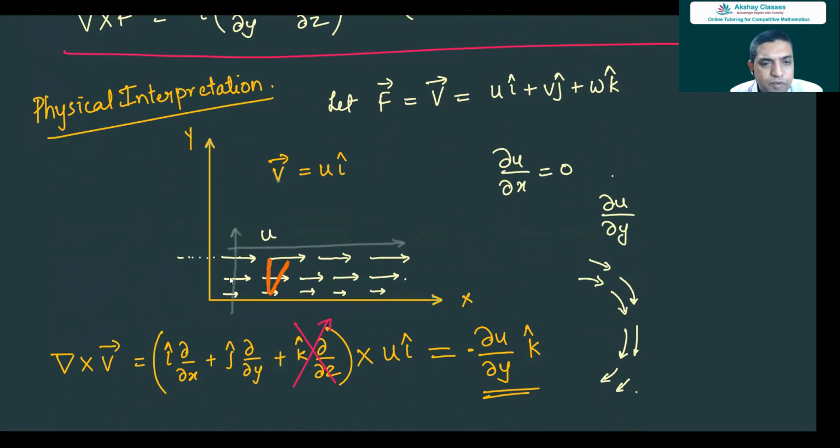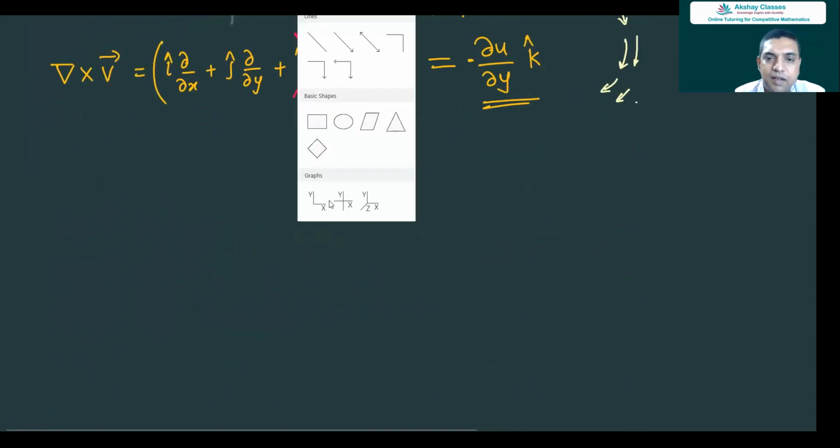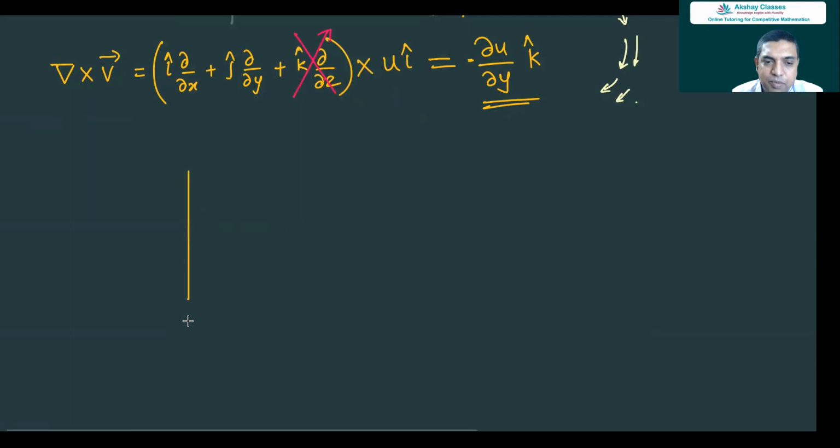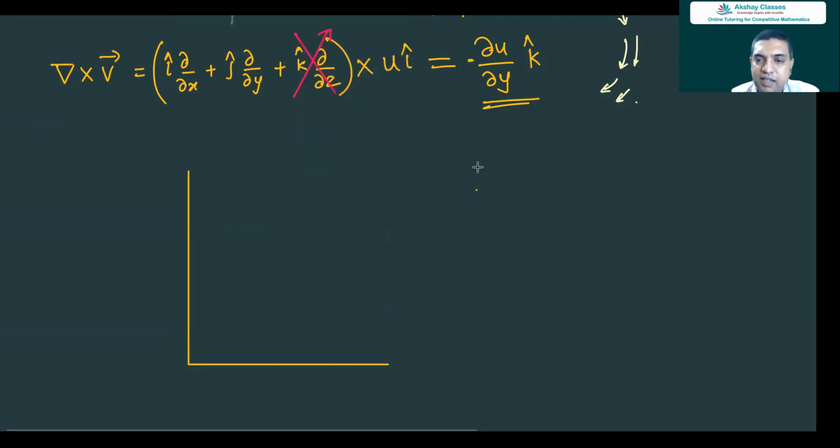Also, velocity may have other components. Instead of just the x component, velocity may have a purely y component, or mixed x and y components.